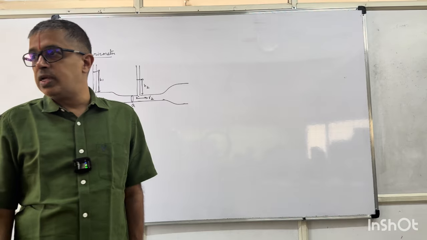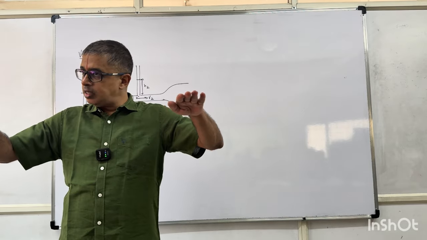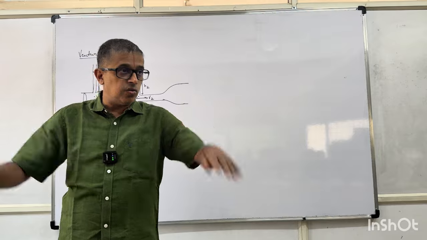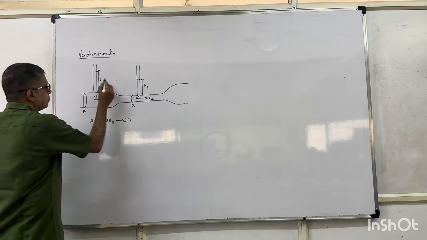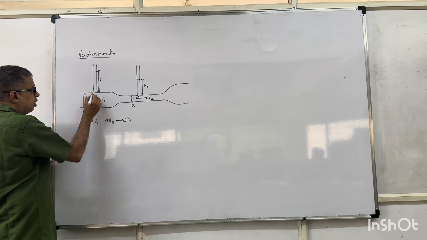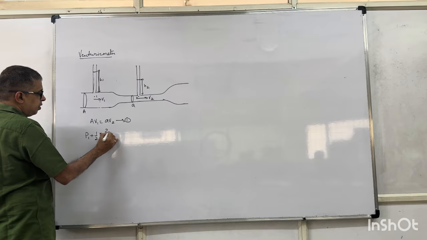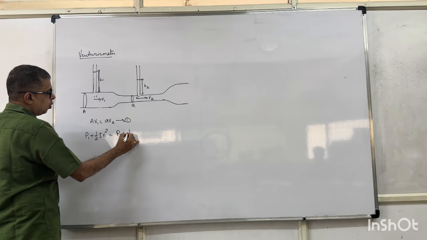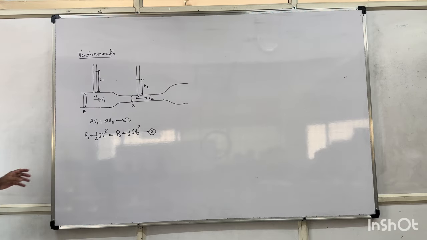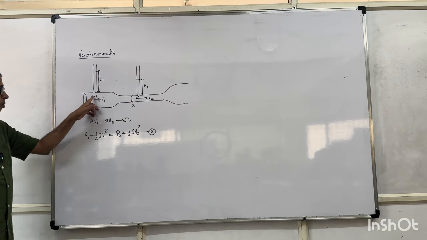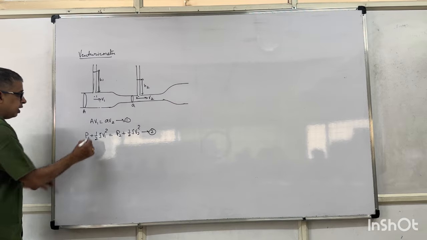Bernoulli's equation: P plus half rho V square is constant. At the same height, potential energy will be the same. Hope you people remember. Now, in this particular case, when I apply pressure here, P1 plus half rho V1 square is P2 plus half rho V2 square. This is my second equation. Why are you not taking rho gh? Both the points are at the same height from the ground, right?